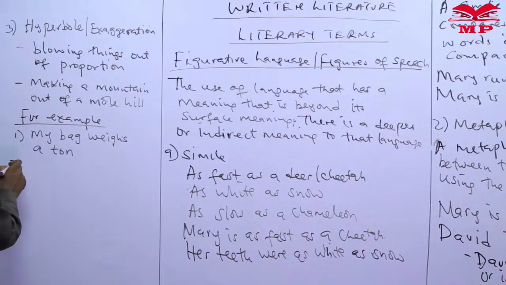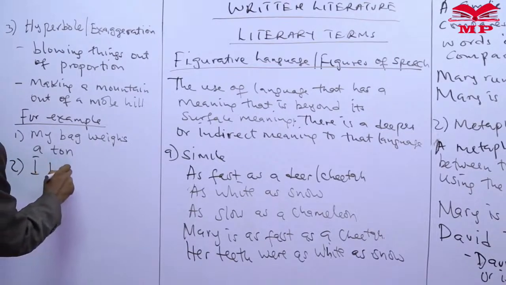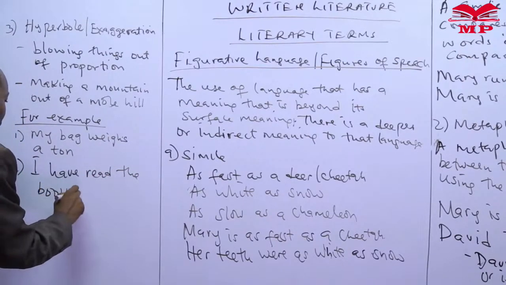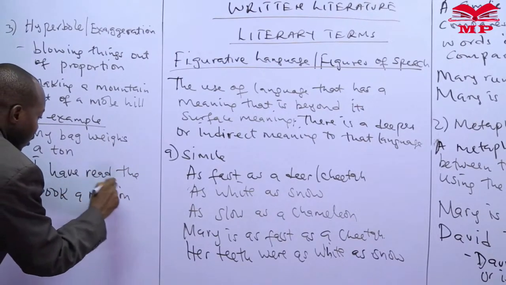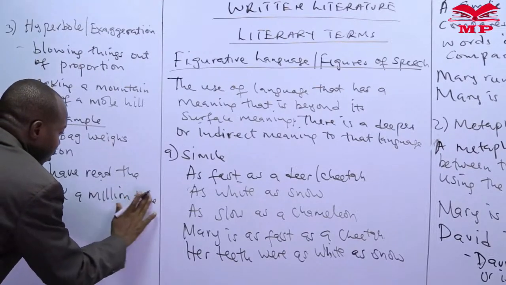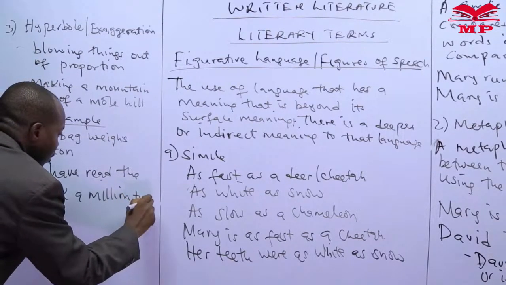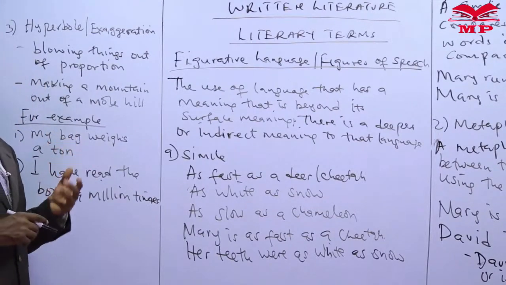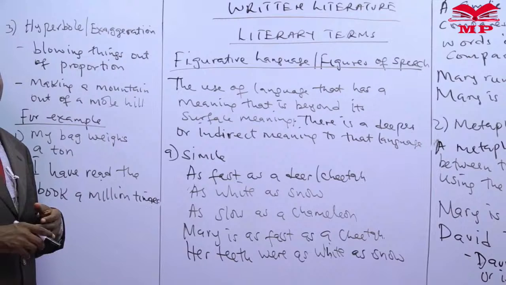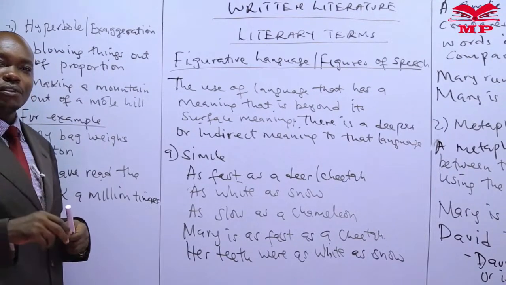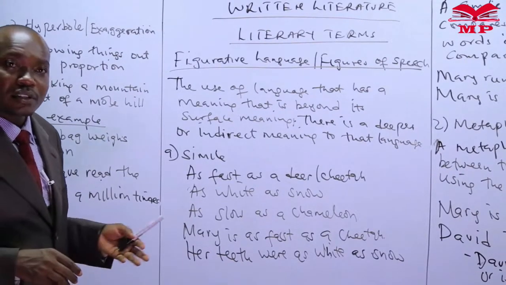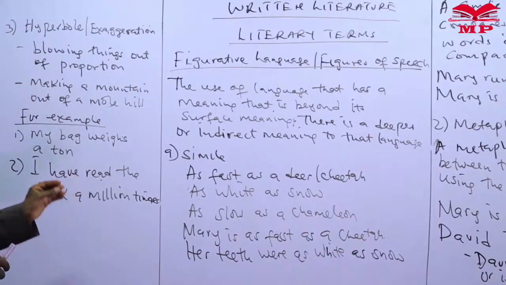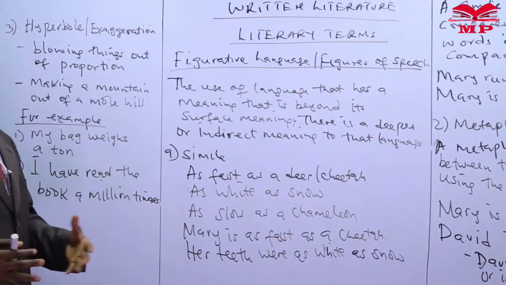Another thing, I've read the book 1,000,000 times. Maybe there's a book that you have read many times. But can you read a book 1,000,000 times? Really? Is it possible? It isn't. So this statement is just meant to emphasize that you have read this book many times before.